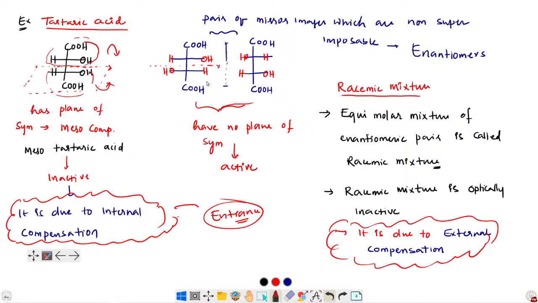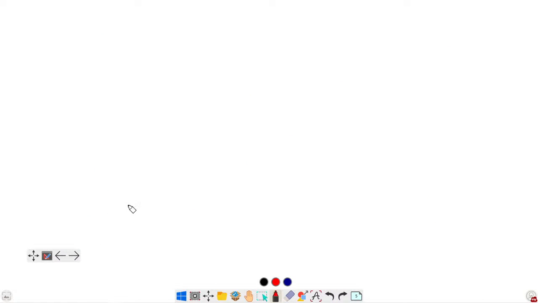On the basis of this, we can classify optical active isomers into two types. What are those? Dextro and levorotatory compounds.